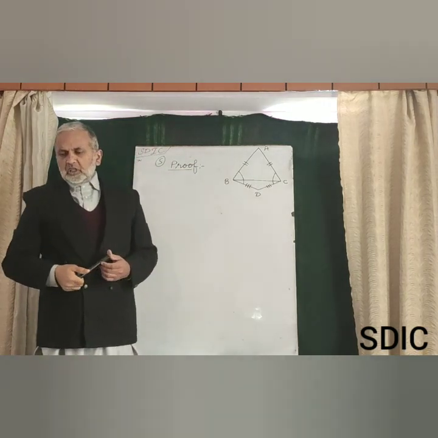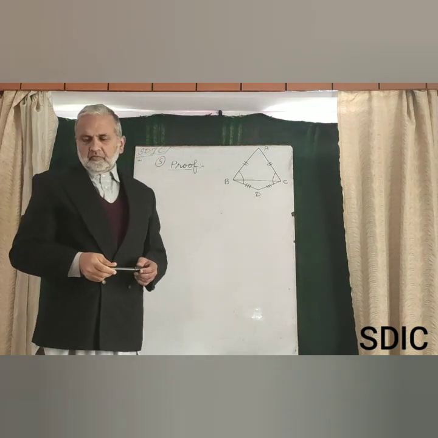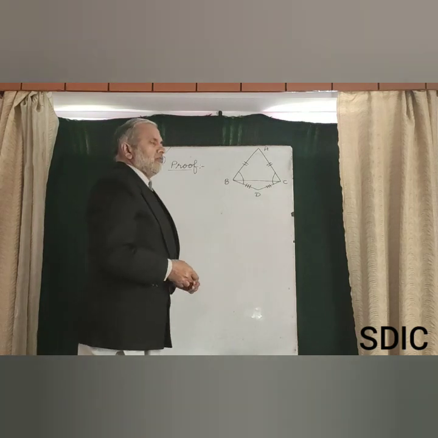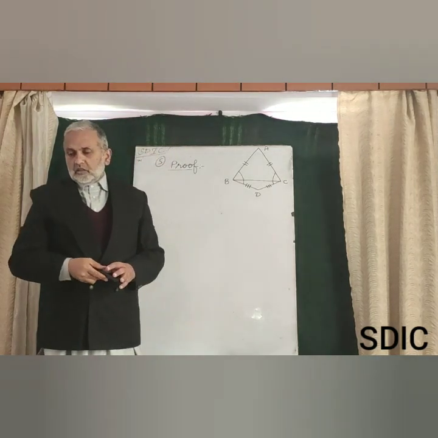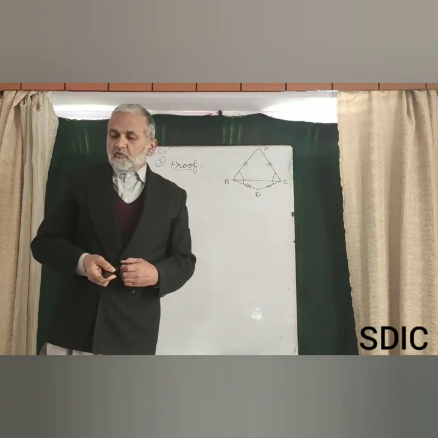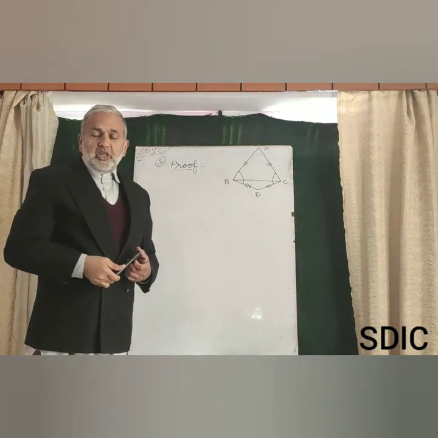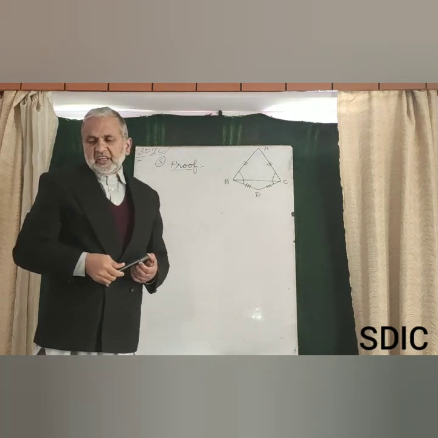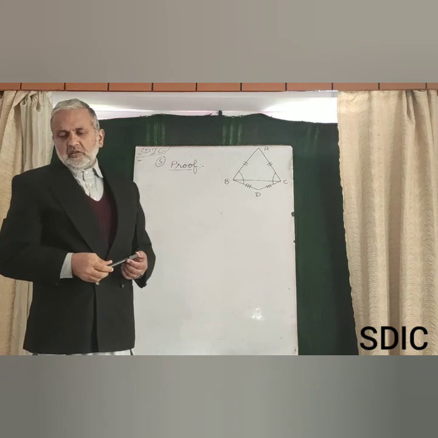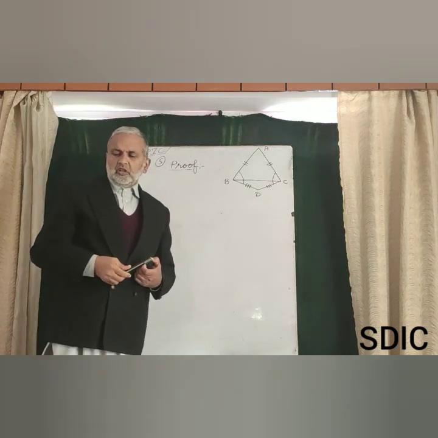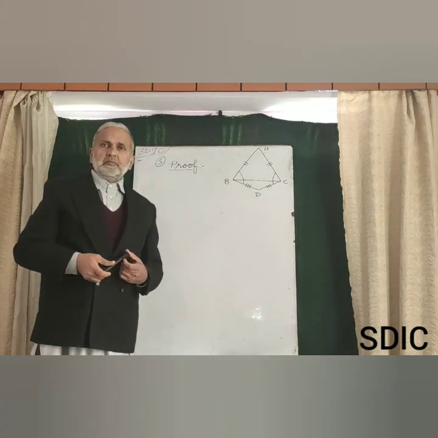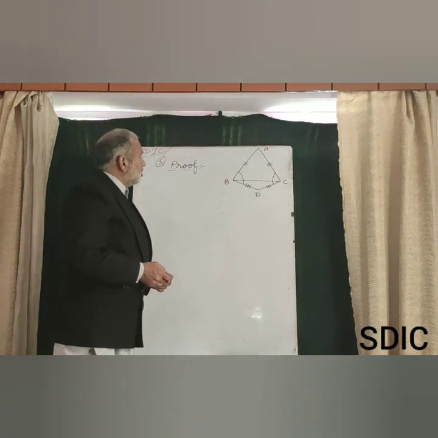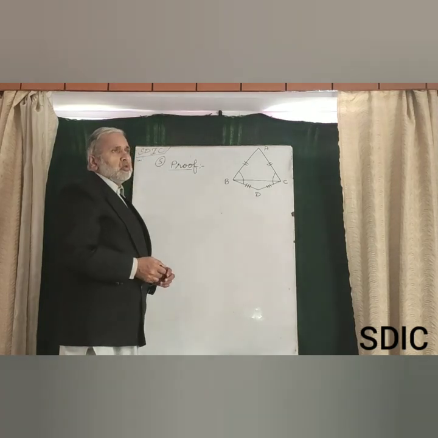The question can be proved in a number of ways. But since we are doing an exercise based on the two theorems I referred to in the beginning of the class, the theorems which we have proved last time, we'll use those theorems to prove this result.